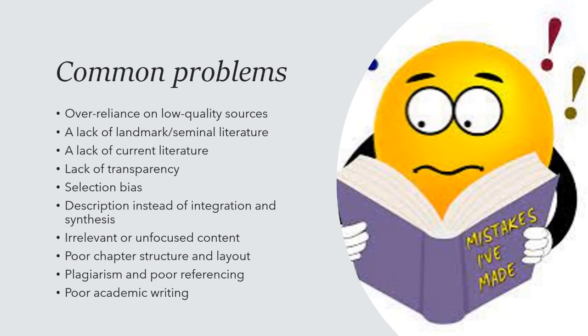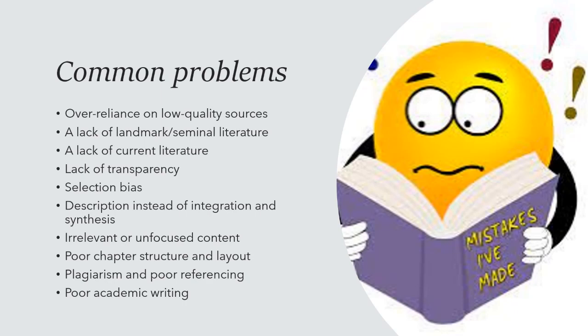So, for instance, I'm going to be very upfront now. If you are a gentleman and you only cite male authors, that's a very random example of bias, but there could be other biases as well. So keep a tab on yourself for potential biases.